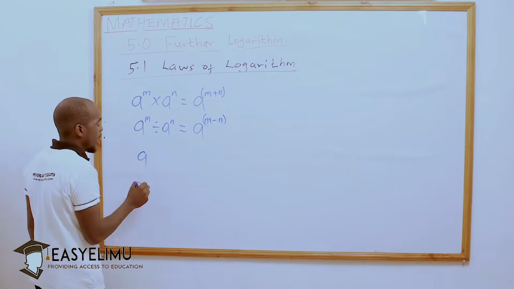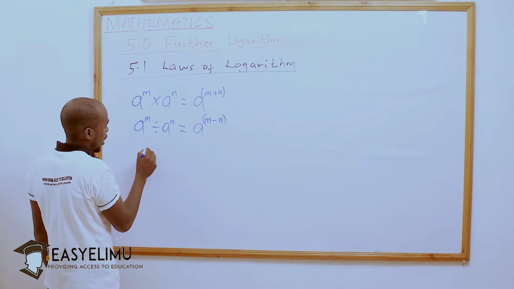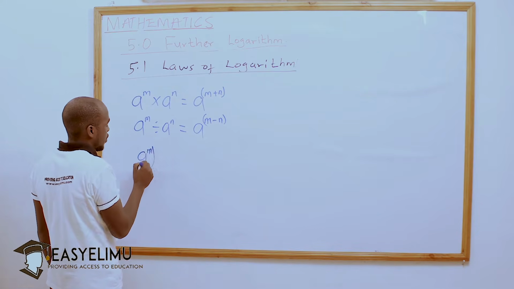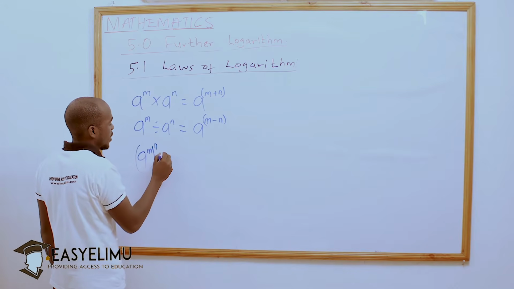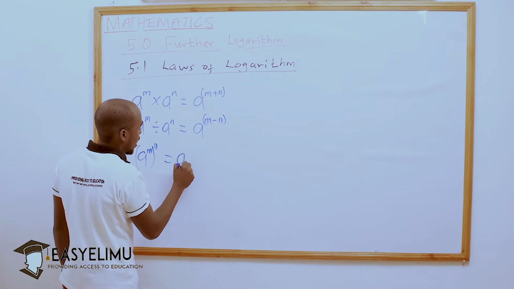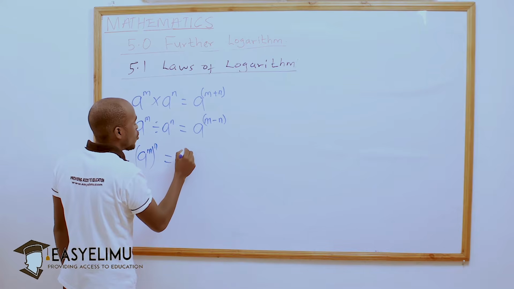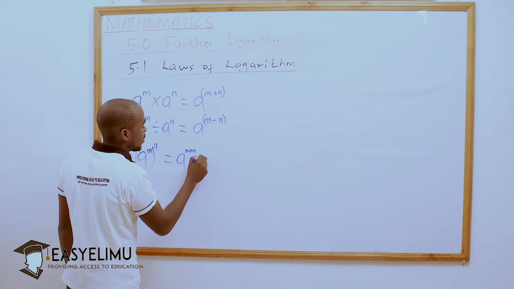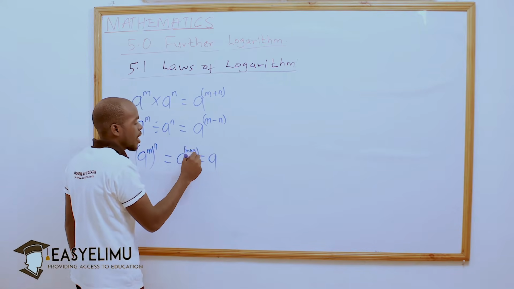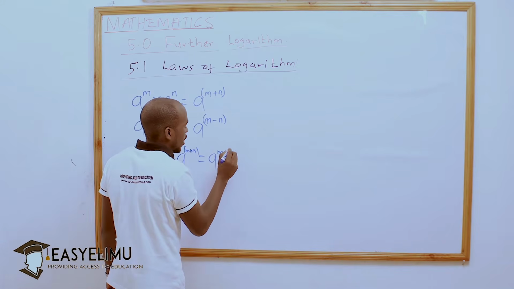If you had a raised to m, then raised to another n, it was the same as a, and the powers you multiply, and this gave us mn.